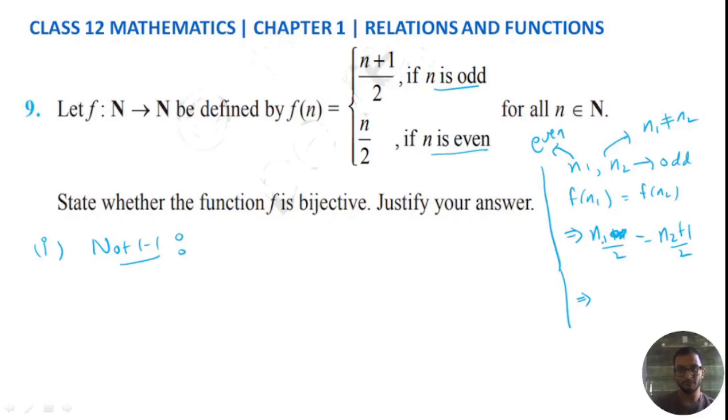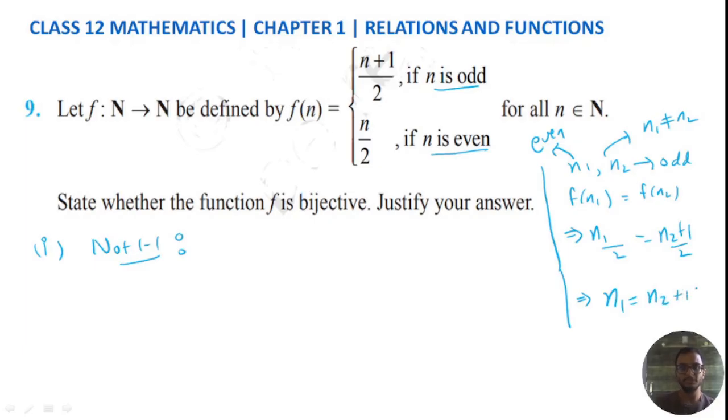Since n1 is even, f of n1 is n1 by 2, and n2 is odd, so f of n2 is (n2 plus 1) divided by 2. We want these to be equal, so we should have n1 equal to n2 plus 1.